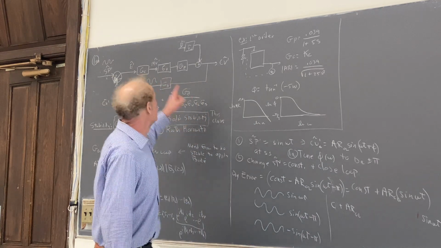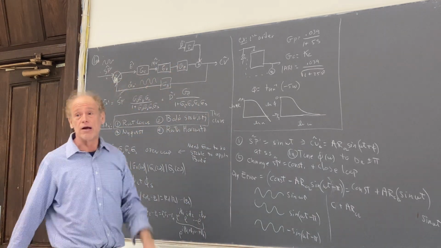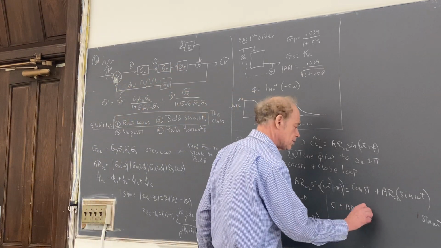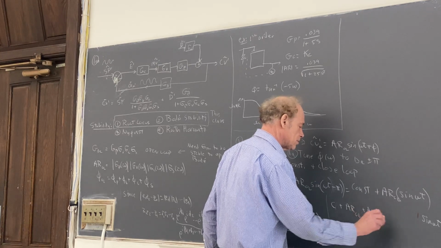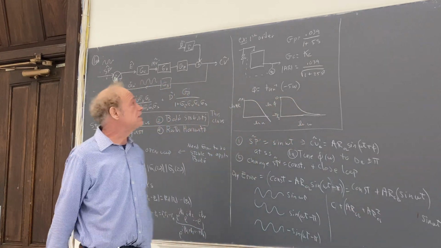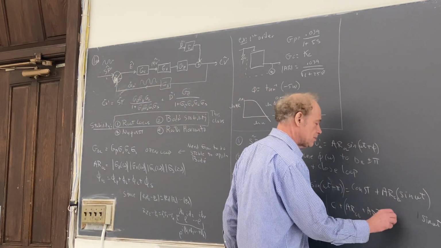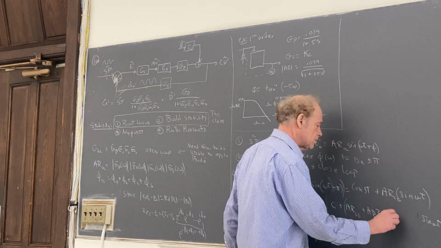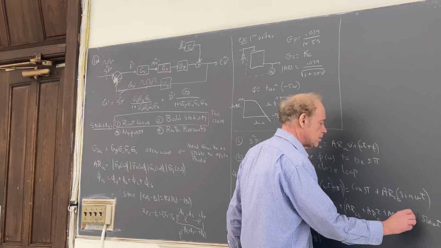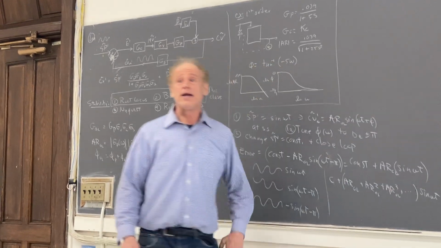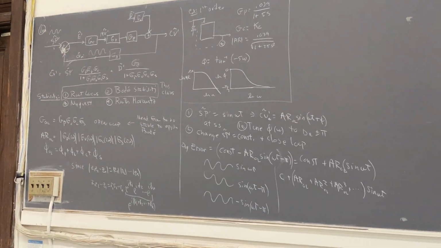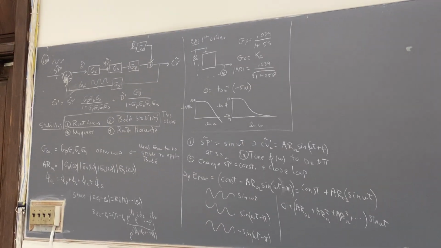The next time through, it gets multiplied by another AR open loop. The next time through, it gets multiplied by another AR open loop. And in principle, it goes through that loop an infinite number of times.